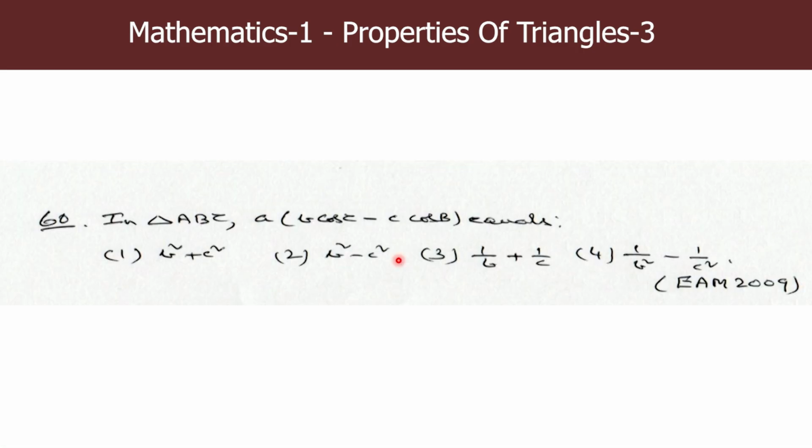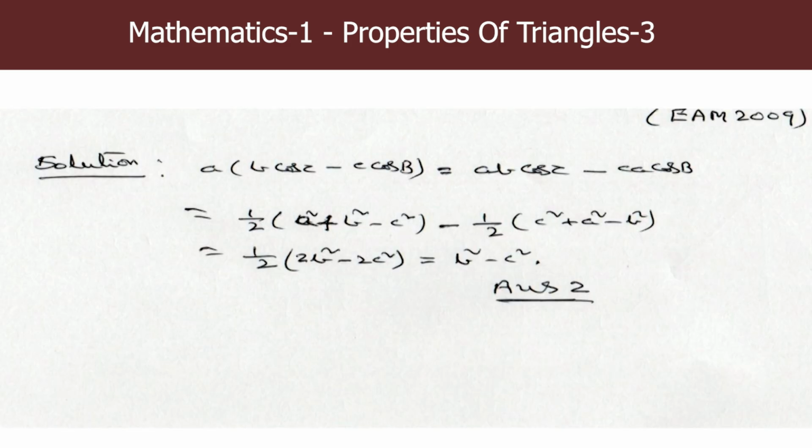In triangle ABC, a into b cos C minus c cos B equals: 1, b square plus c square; 2, b square minus c square; 3, 1 by b plus 1 by c; 4, 1 by b square minus 1 by c square. EAPCET 2009.